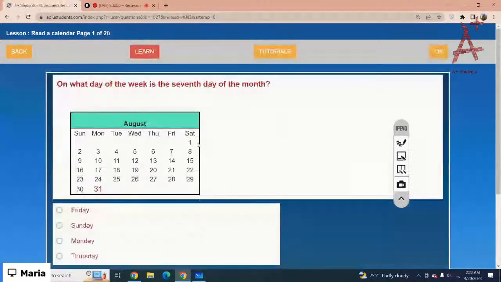Okay, on what day of the week is the seventh day of the month? So seventh day of the month. Got it? Just go to the seven. Here you have seven. Got it? You need to see the day. So just look at the top of this line.